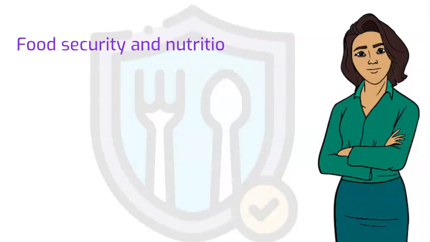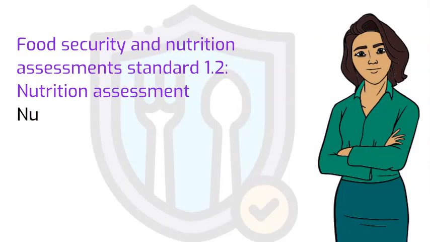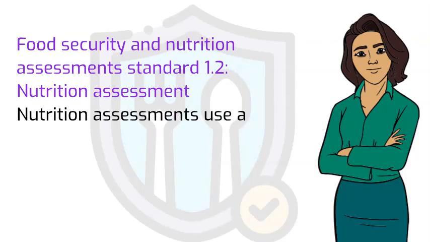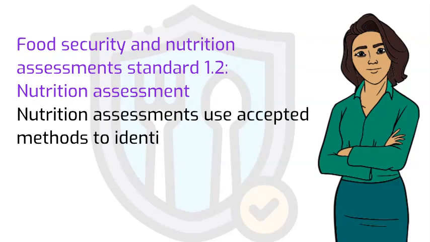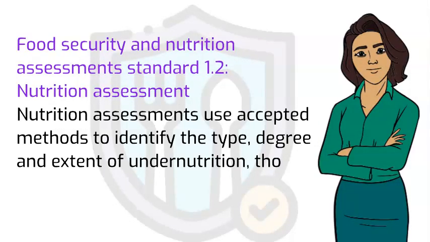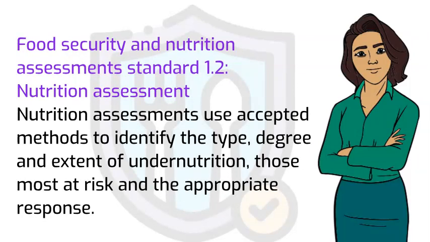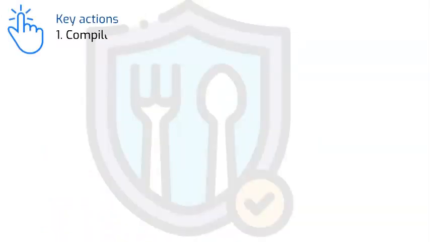Food security and nutrition assessments, Standard 1.2. Nutrition assessment. Nutrition assessments use accepted methods to identify the type, degree, and extent of undernutrition, those most at risk, and the appropriate response. Key actions. 1.